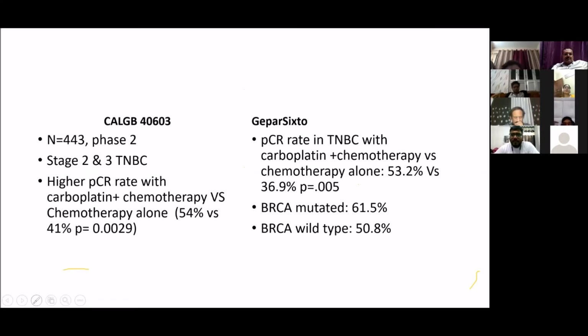In the GEICAM-6 trial, this trial came in 2014, and later in 2018, they did a secondary analysis of the samples to see how many of them were BRCA mutated and how many were wild type. They showed 61.5% were BRCA mutated and 50.8% were wild type. And they also showed that the patients who responded to carboplatin had more of the BRCA mutated gene in them.